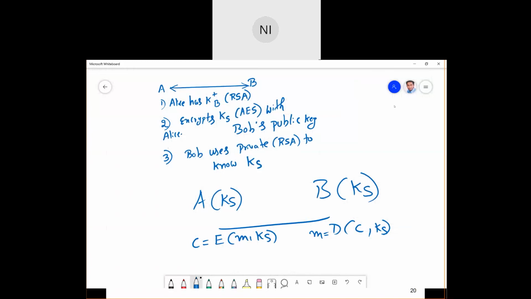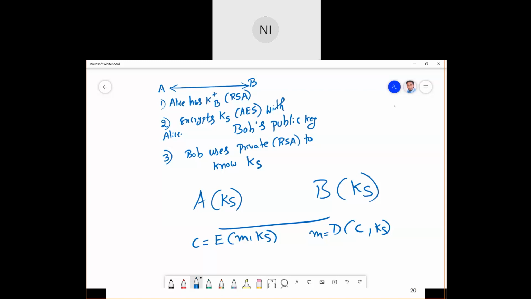Is that clear? Yes, it is possible for Alice and Bob to directly use RSA, in other words public key cryptography, to encrypt and decrypt the messages using the combination of public and private key pairs. Because of the exponentiation involved in RSA, in practice we use RSA very rarely, only to establish session keys.